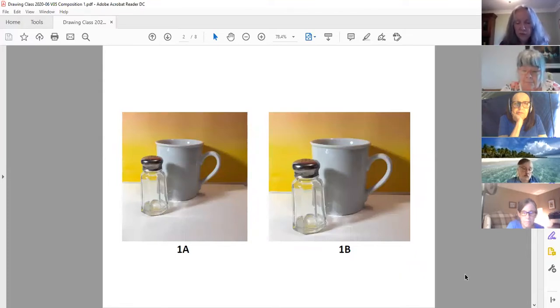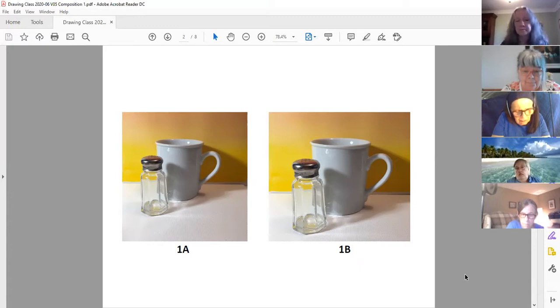I originally put down 1A because I thought it was a little sharper, but now I'm wondering about the distance of the picture. I don't know if I like maybe the more depth to it.